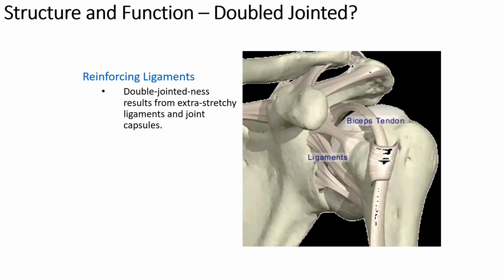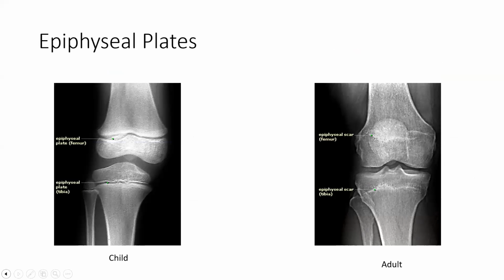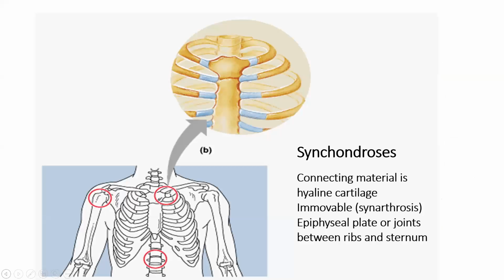And so that's why they have the appearance of having extra joints, of being double jointed, the extreme flexibility that they get. So our slightly movable joints are going to be symphyses or a synchondrosis. I'm just getting that word mixed up.